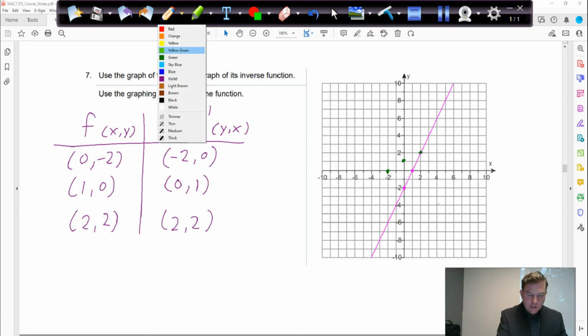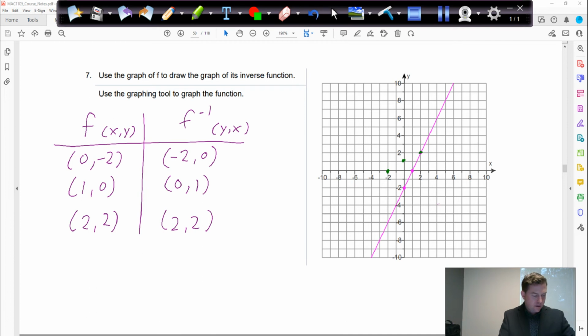And if I connect these dots, I get a straight line that looks something like that. And so in your homework, you just have to click these 3 dots, type in the ordered pairs, or click on the actual graph, and it'll fill in the line, and that's it.